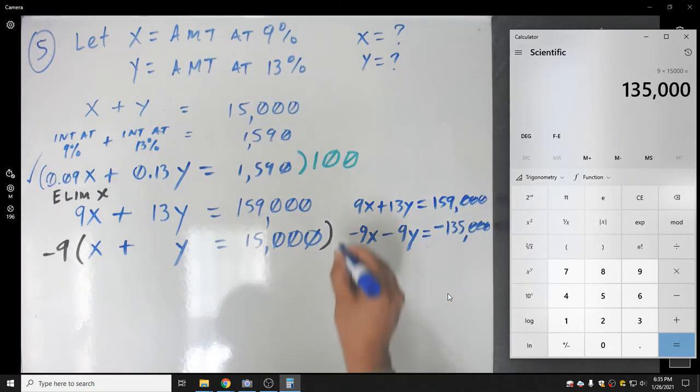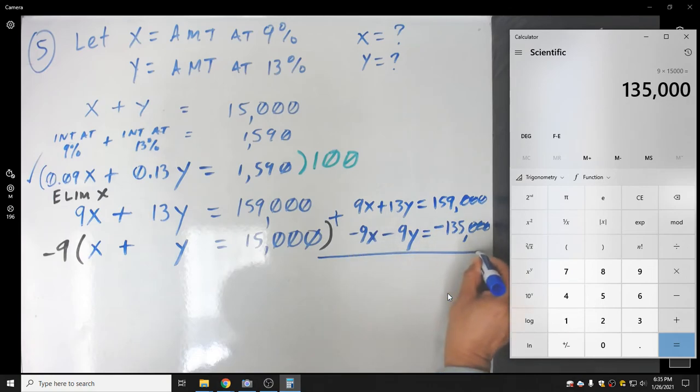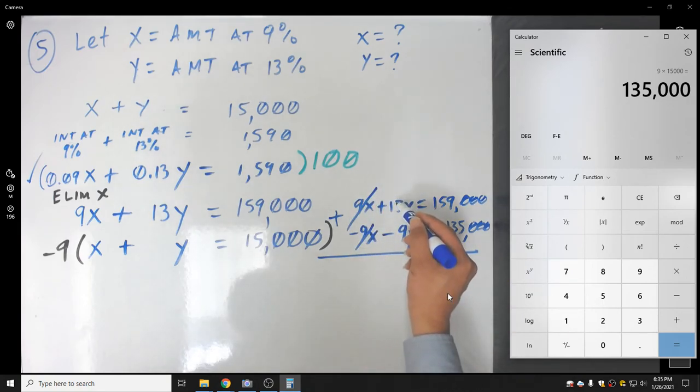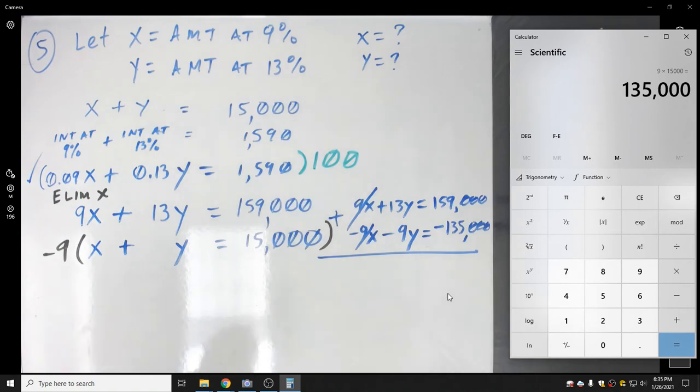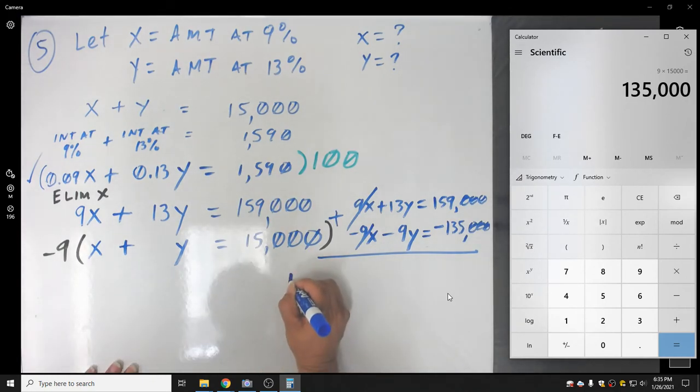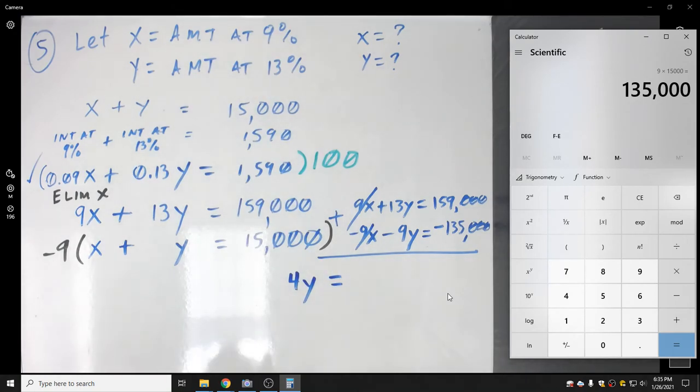Now we add the two equations, which eliminates the x's. Now 13y minus 9y happens to be 4y. So we end up with 4y equals. Now let's do the subtraction. We're subtracting 135,000 from 159,000. Let's try that again.